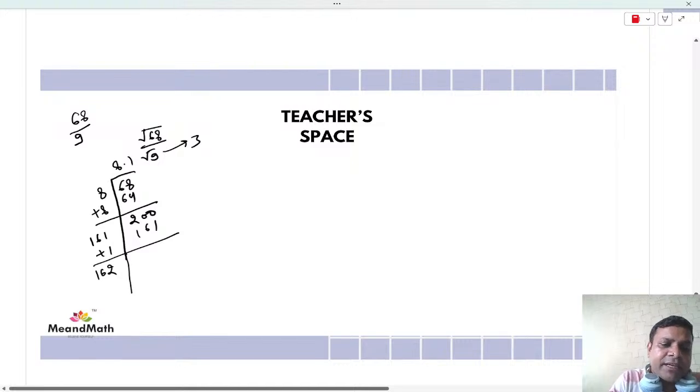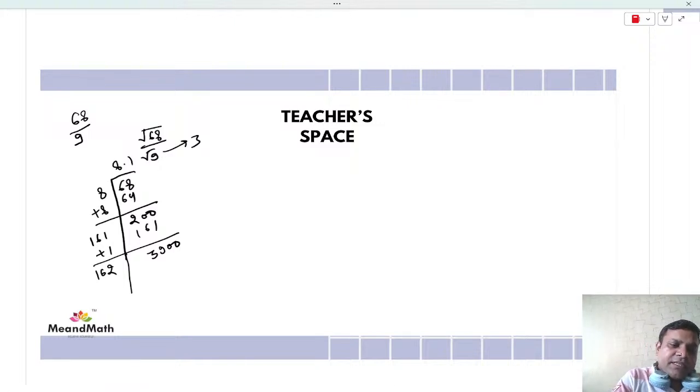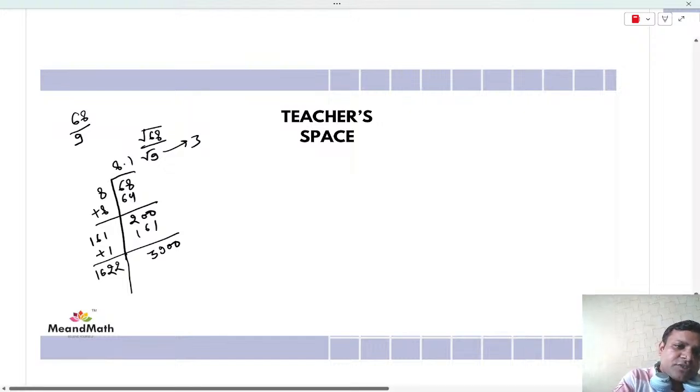And if you subtract 161 from 200, this is 39. So copy double zero here. Now 2 3 48, तो बड़ा हो जाएगा 3. 2 से हम चेक करते हैं.